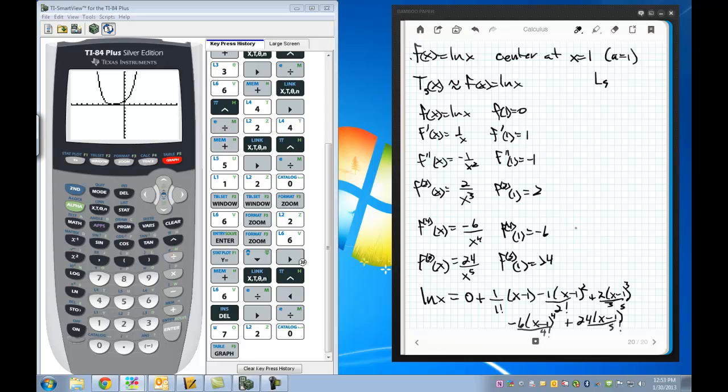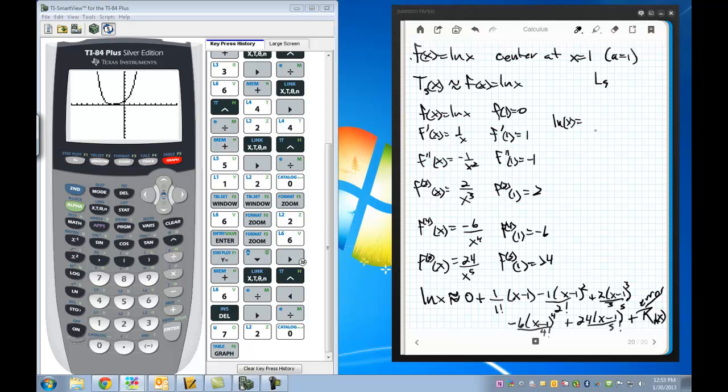So that's pretty cool, right? I just wrote the natural log as equal. It's really approximately equal to. Because if I wanted to make it equal, I would have to write the natural log of x equals, and then I would have that remainder term. Remember how we talked about Rn of x before? This is the error. This is how much I'm off by when I stop at a fixed n.